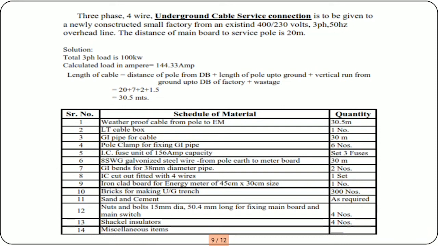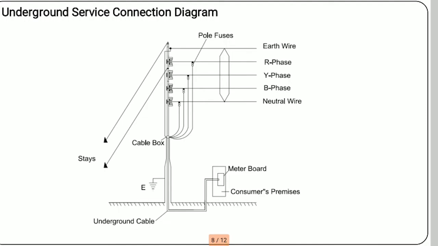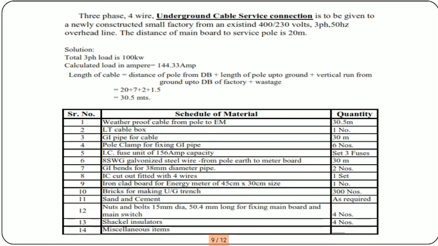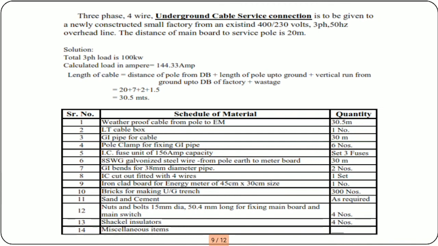The distance of the main board to the service pole is 20 meters. How to solve this numerical and make the schedule of material?